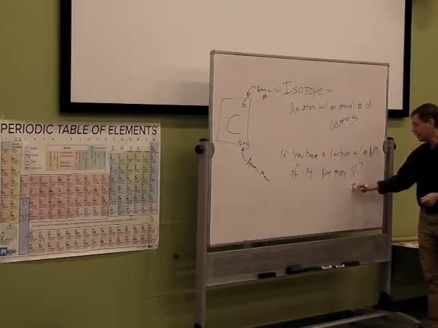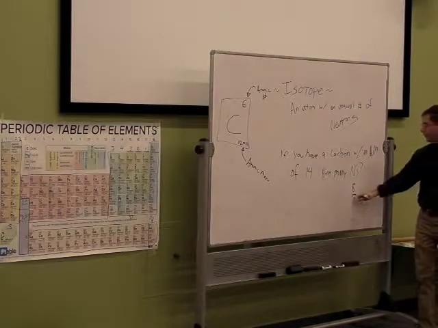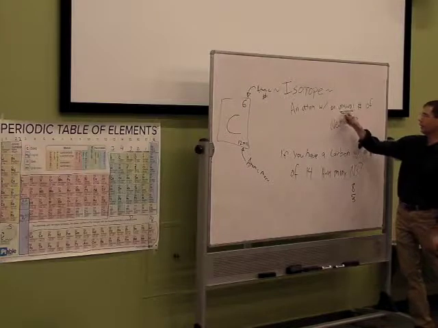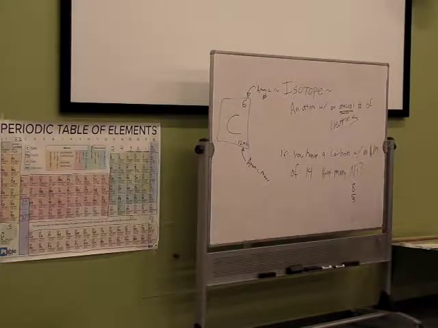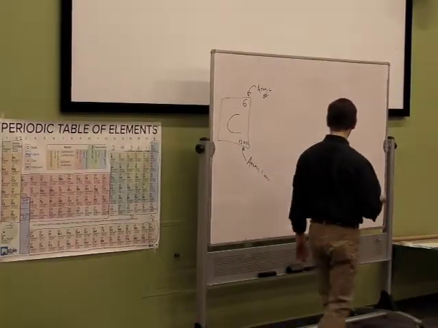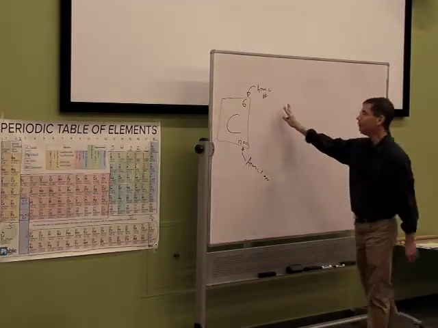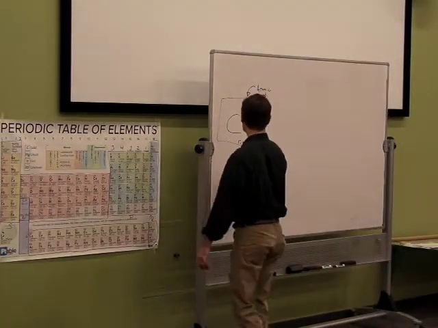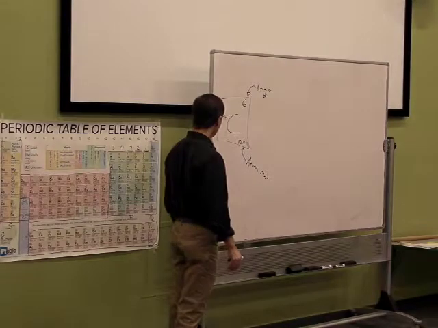You have 8 neutrons. This is what would be considered an unusual number of neutrons. So you would call this an isotope of carbon. Right? Because it's unusual. All right, good, you guys. So that's the atomic number. That's the atomic mass.